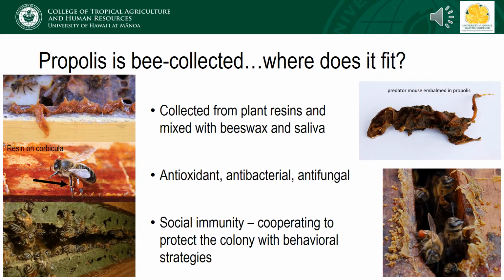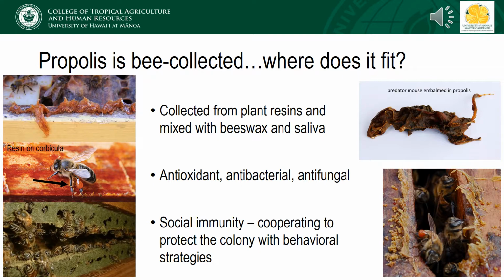It varies in color depending on the botanical sources from which it originates, but may be red to green, with dark brown being the most common. Propolis is also antioxidant, antibacterial, and antifungal, and can therefore be essential in promoting colony-level immunity even though it is not directly consumed by the bees.